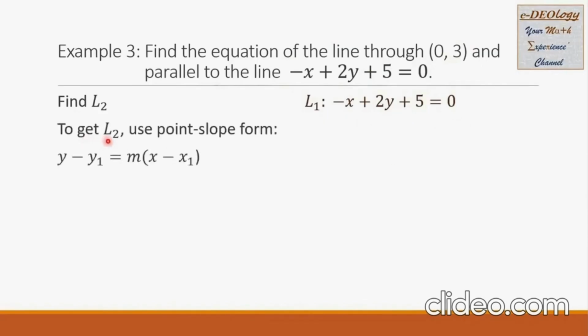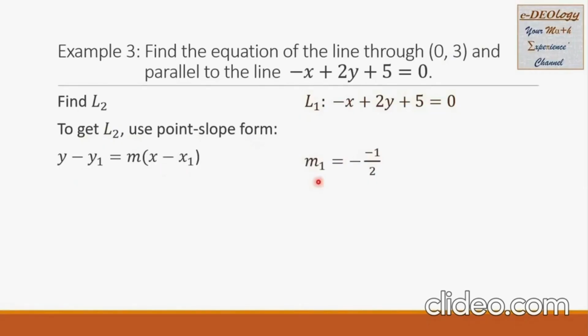To get the line 2, we will use the point slope form. If you are not familiar with this, you can watch our video about point slope form. The form is y minus y sub 1 equals m times the quantity x minus x sub 1.